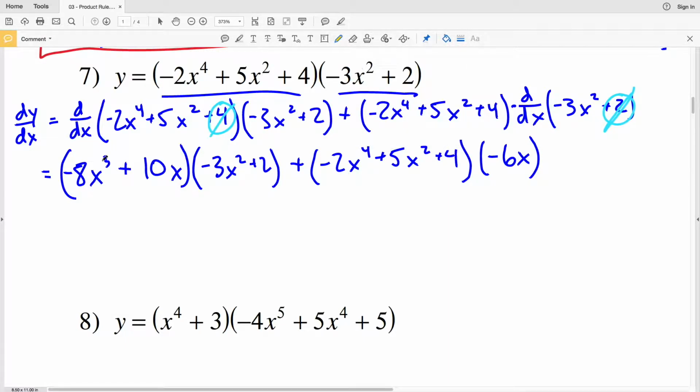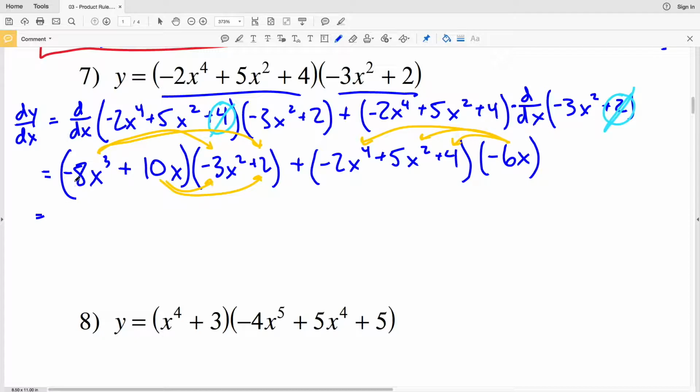So now I'm going to have to FOIL my first two binomials. First, outside, inside, last, and then distribute this negative 6x to each of my terms for the second half.